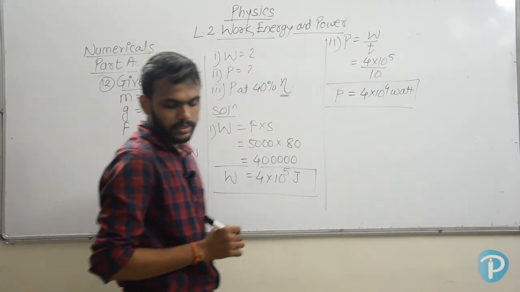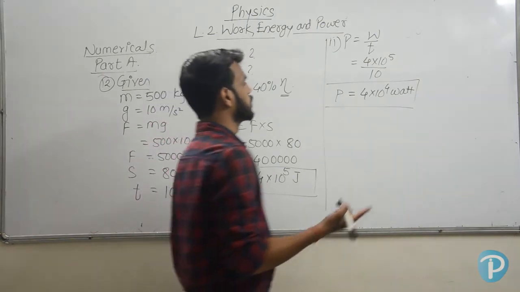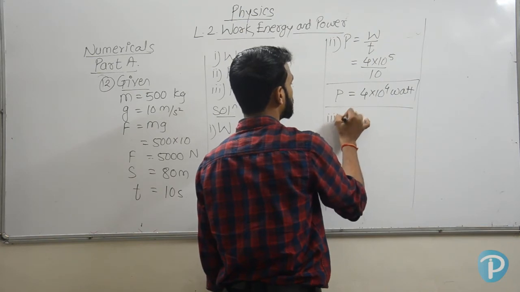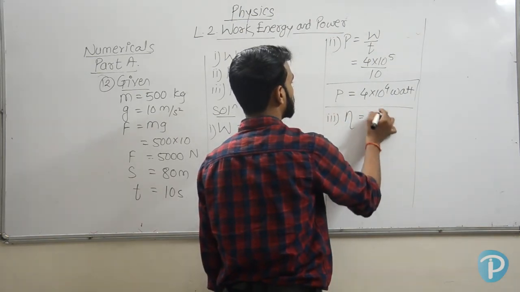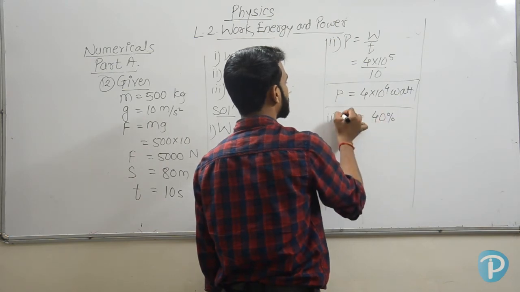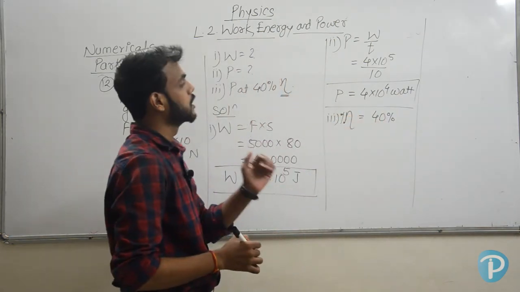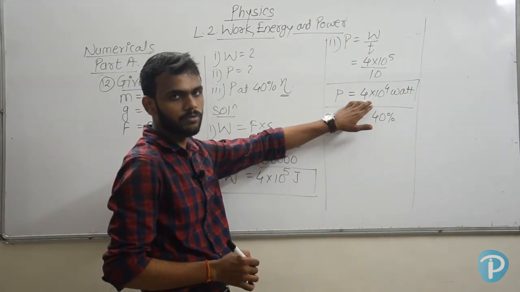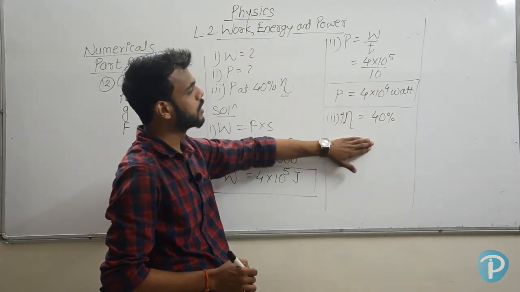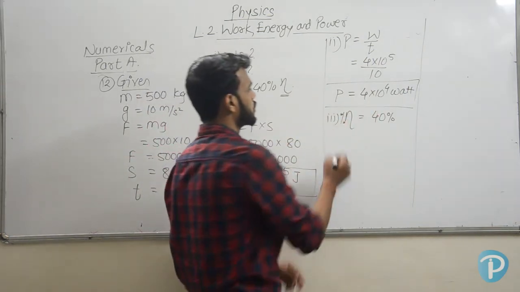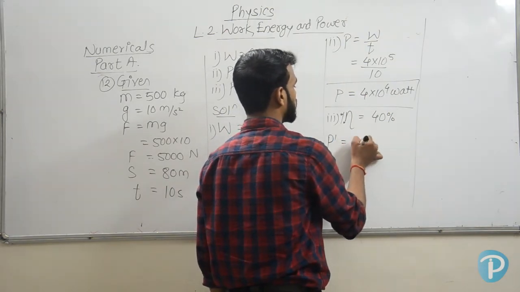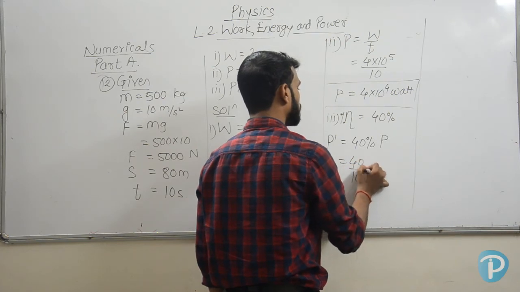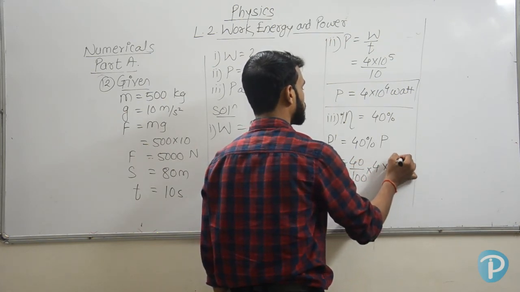Now we have to calculate the power at 40% efficiency. Now this is the power output, right? As the efficiency given is 40%, it means 40% of the total power which can be developed by the machine is what we consider. So we have to calculate the 40% of this. I can consider it as P dash, which is 40% of P. So 40 divided by 100 multiplied by 4 into 10 raised to 4.